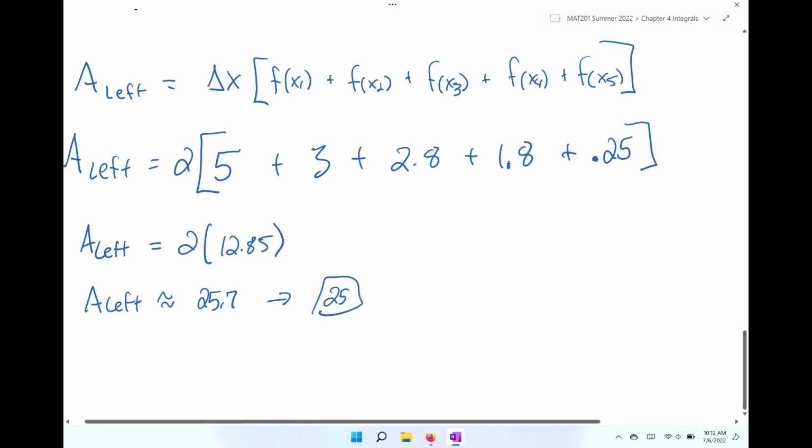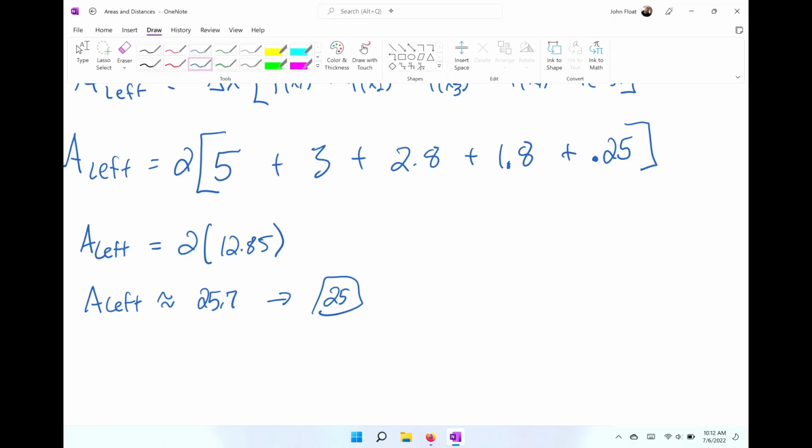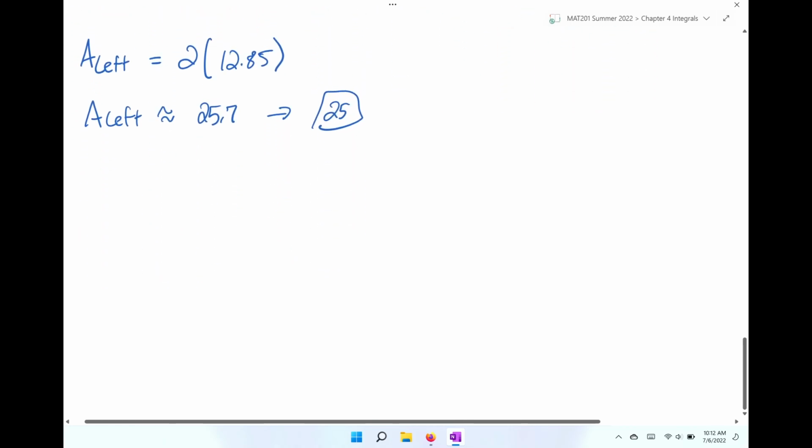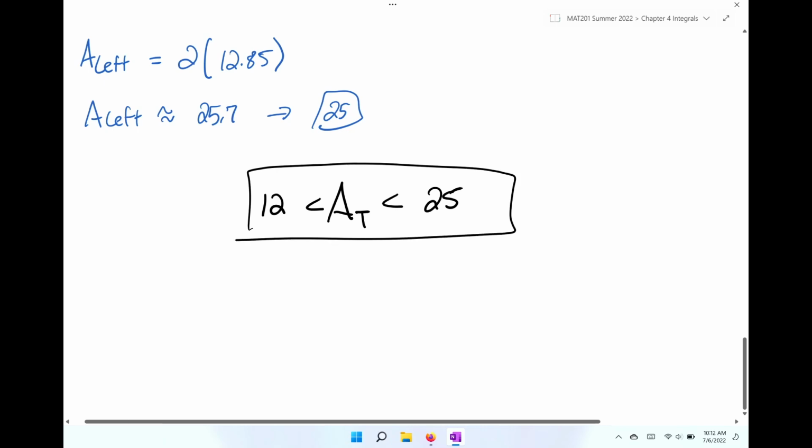All right? And finally, with confidence, we can say that the true area underneath this curve that we have is going to be somewhere in between an upper limit of 25 and a lower limit of 12. So it's somewhere in between 12 and 25, which hopefully you're sitting there thinking to yourself, well, that's not a pretty good estimation.